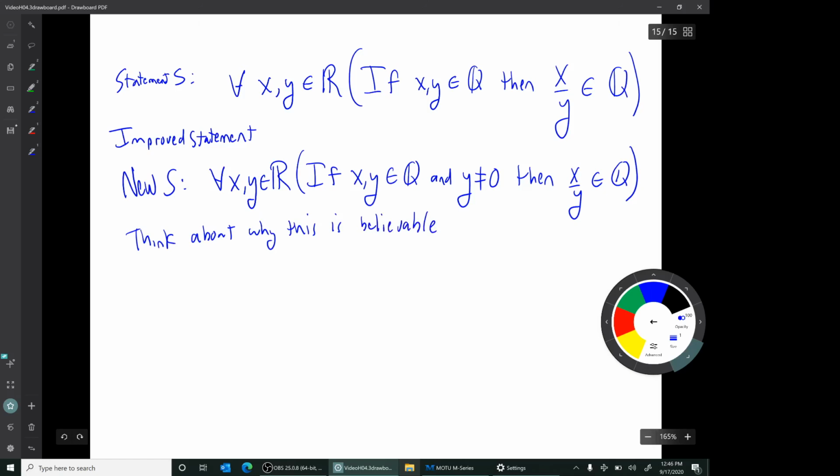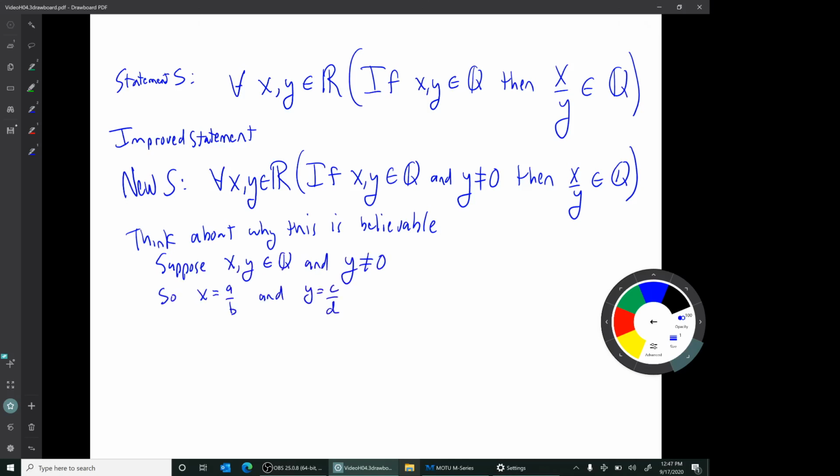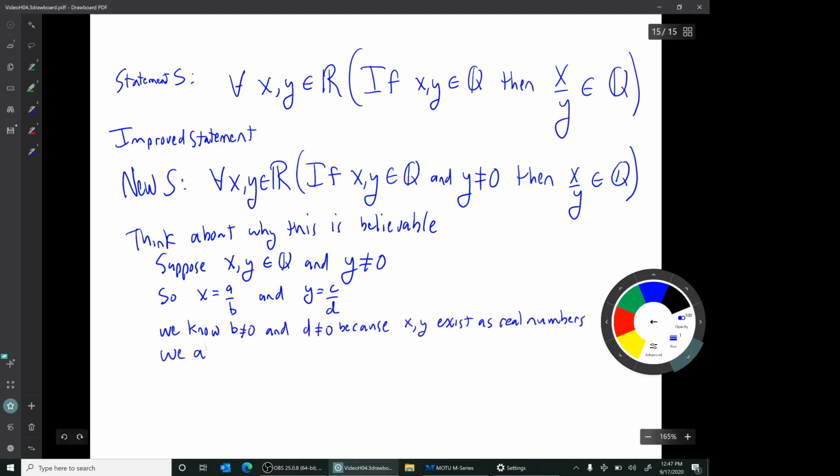So suppose x and y are rational and y is not 0. So if we have rational numbers x and y, and we also know that y is not 0, we know that we can express x and y as ratios.